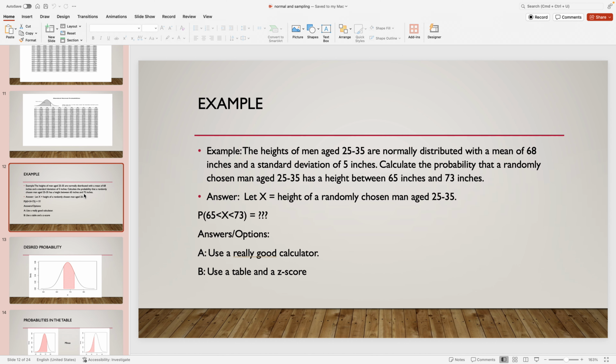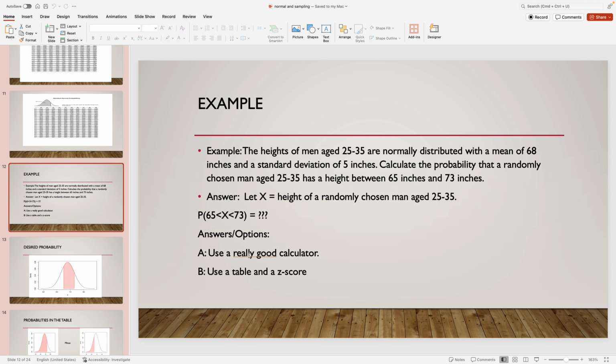Okay, our next example are the heights of men that are aged 25 to 35, and we're told that they're normally distributed. They have a mean of 68 inches and a standard deviation of 5 inches. We calculate the probability that a randomly chosen man aged between 25 and 35 has a height between 65 inches and 73 inches. Okay, so we want to calculate that is between 65 and 73.